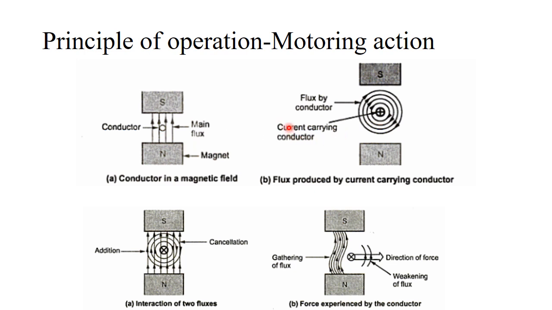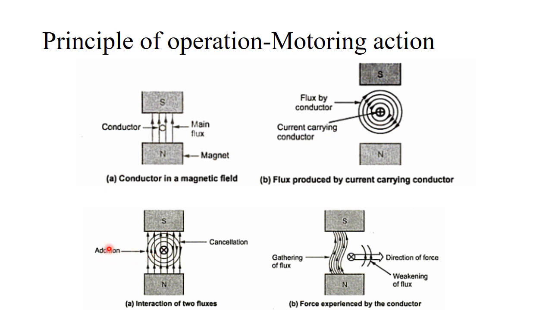In the third diagram you can notice the interaction of the two fluxes. There are magnetic lines of force due to the magnet, and there is another flux due to the current carrying conductor. On the left hand side, both the directions are the same, the flux due to the magnetic lines of force and the flux due to the conductor, so it aids, it is an addition.